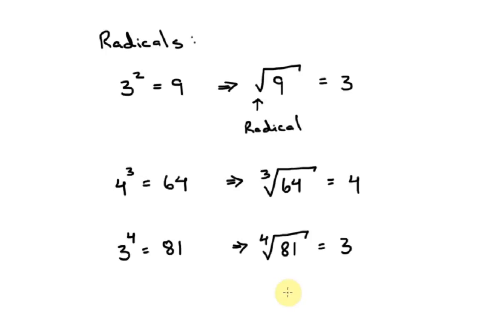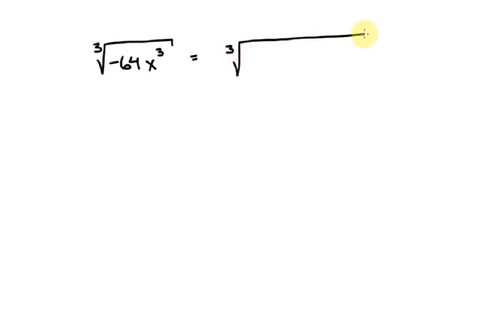Let me just do one more complicated example that uses some variables in it, and then I think we'll call it a day. So the cube root of negative 64 x cubed. I often think the easiest way to unravel this stuff is to look for 3 groups.